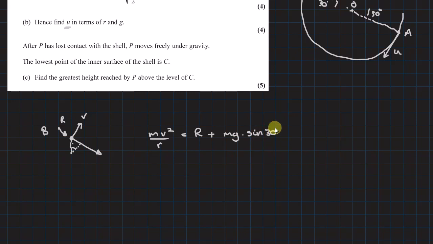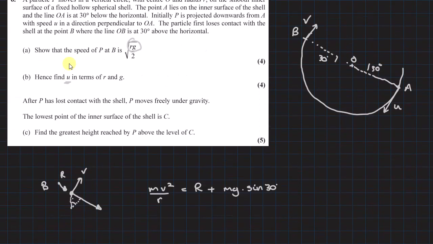Now the first thing to note is if we're at the point B, it says it's on the point of leaving. So at B, R equals 0 because it's just leaving. So we now get our equation, mv squared over r equals mg sine 30, a half.